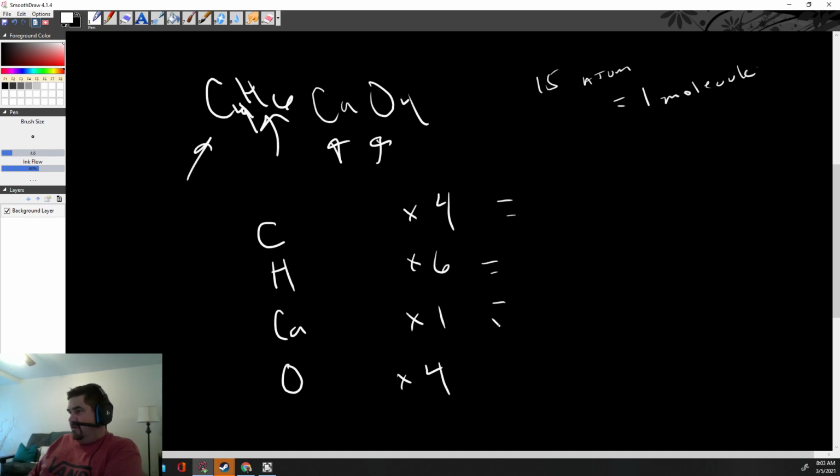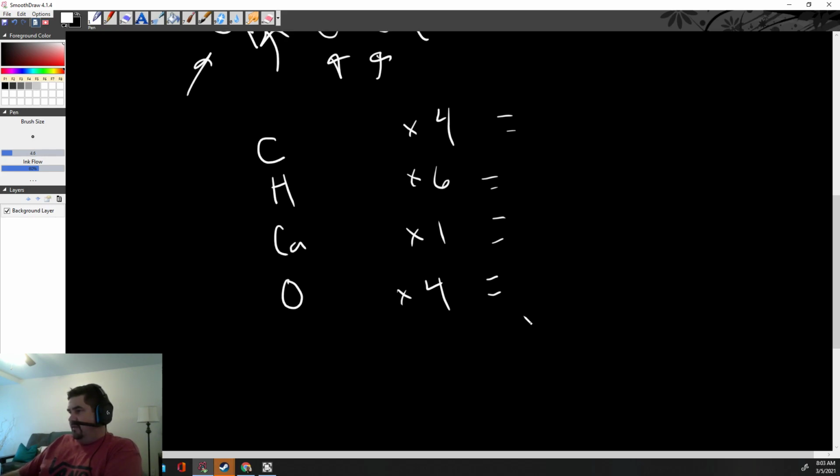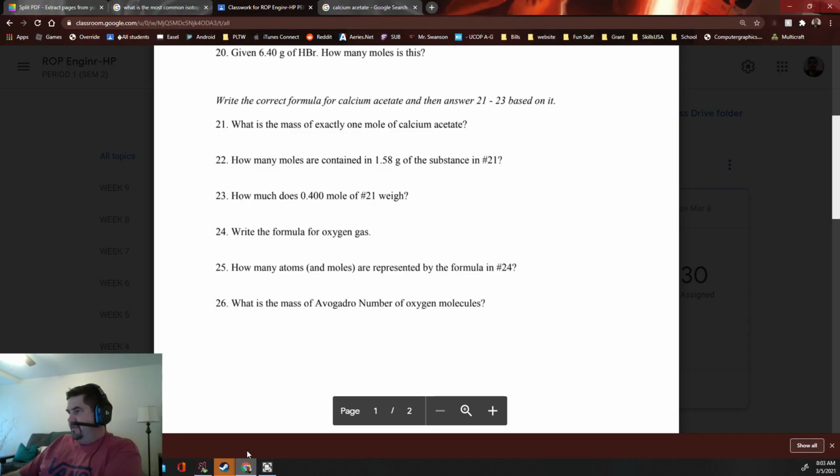And then find out what all these are. That'll give you the total mass of each one of those. And then this will give you how many grams per mole. It'll give you the grams per mole of that substance.